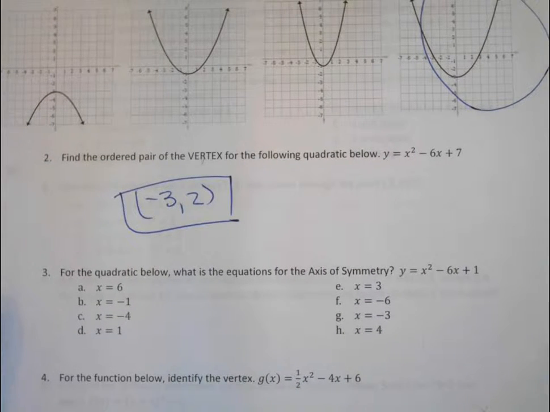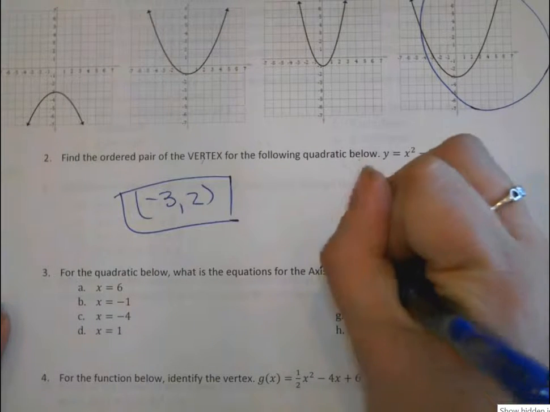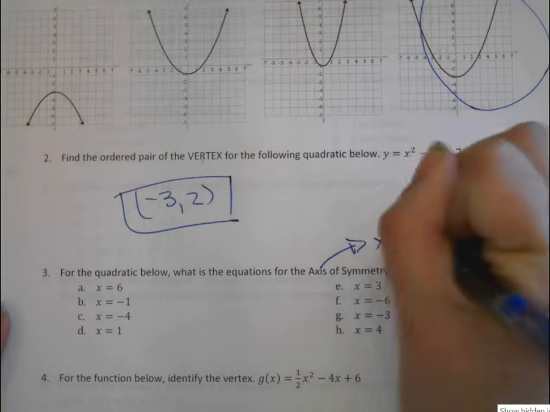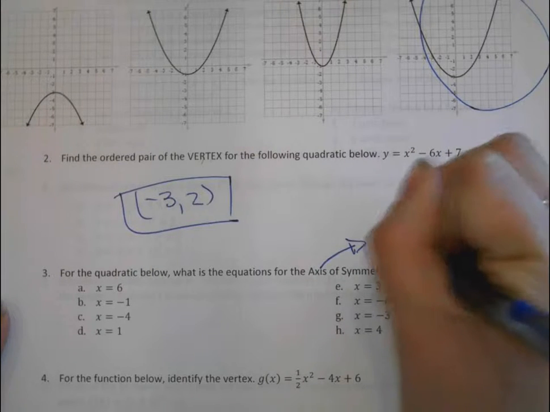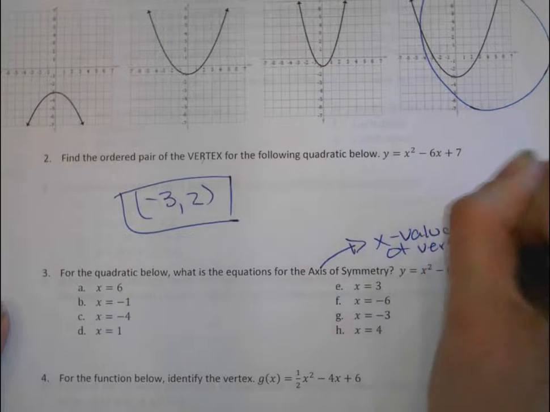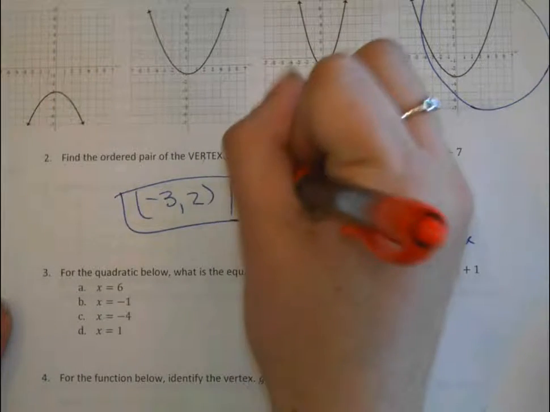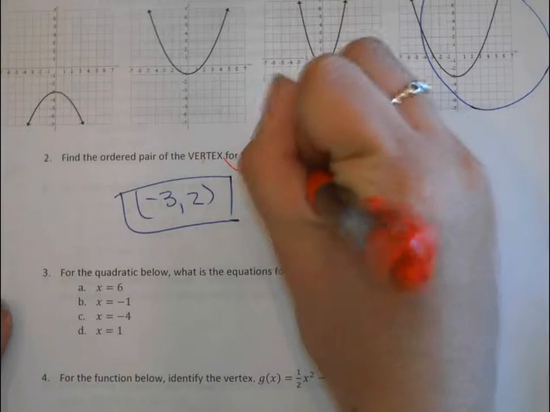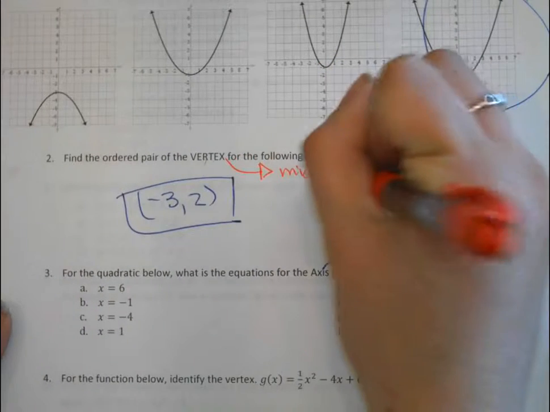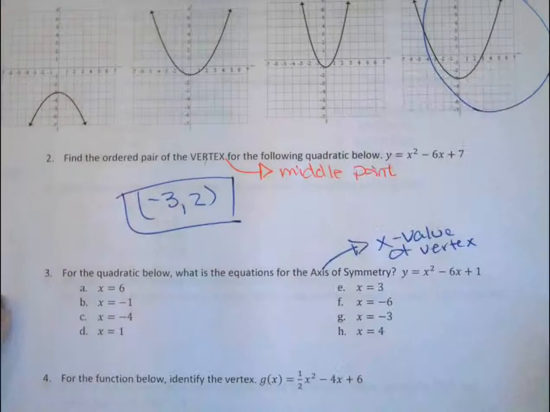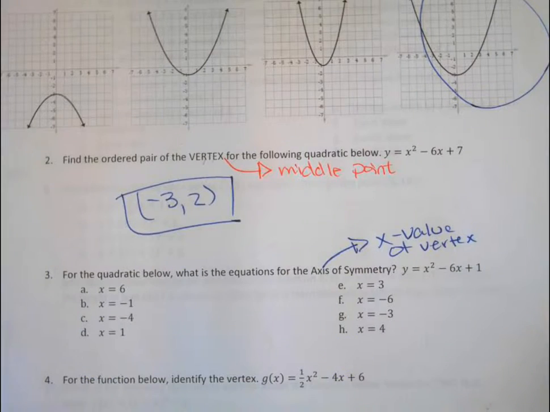Number 3, I'm looking for my axis of symmetry. Axis of symmetry is the x value of the vertex. I'm going to go back to Desmos.